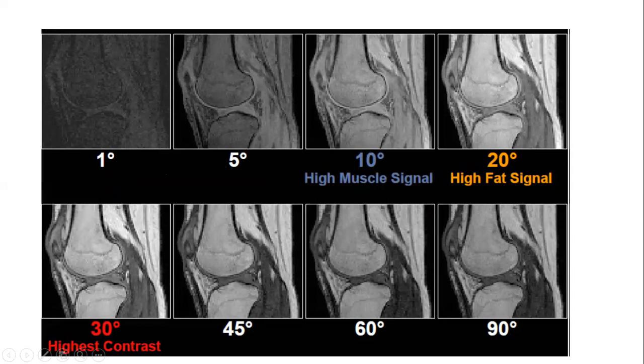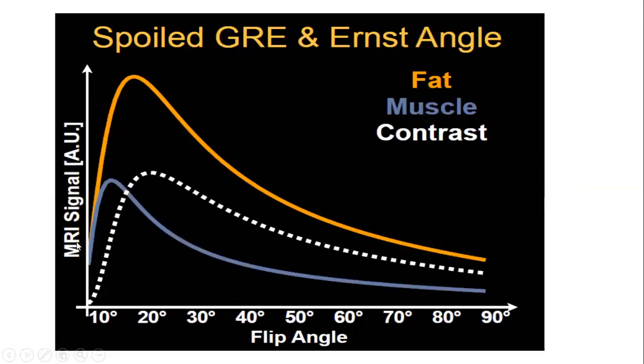At 1 degree, you can see this is between the fat and the muscle. We want to look at the contrast between fat and muscle. At 1 degree, we could see that the contrast is almost 0, which is evident from the graph here.